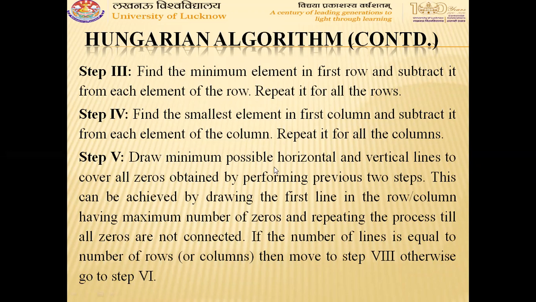For the minimum possible lines, we start from the row or column having the maximum number of zeros, and draw a line through that row or column, and repeat the process till all zeros are covered. If the number of lines comes out equal to the number of rows or number of columns, that is the order of the assignment matrix, then we move to step 8, otherwise we go to step 6.